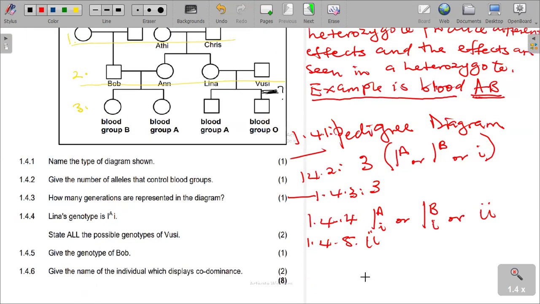The genotype of Bob can only be that one, which is O.